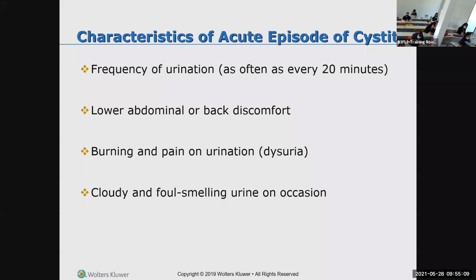Okay, so please put a star mark and remember on all these presentations, patient with cystitis or urinary cystitis, I can put under the umbrella of UTI, urinary tract infection.